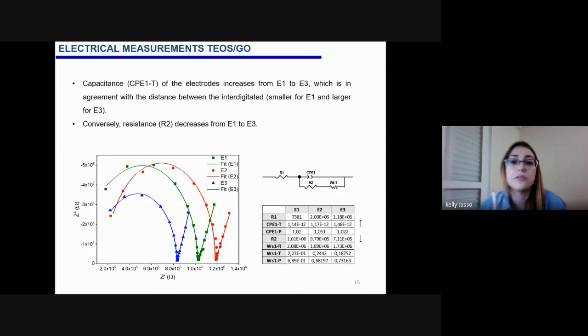The impedance of the system is measured and the response is analyzed to cluster similar behavior and distinguish different liquids. The capacitance of the electrodes increases from electrode 1 to electrode 3, which is in agreement with the distance between the fingers. And conversely, the resistance decreases from electrode 1 to electrode 3.